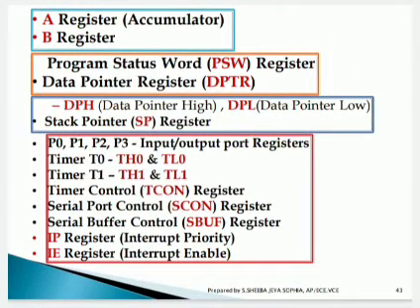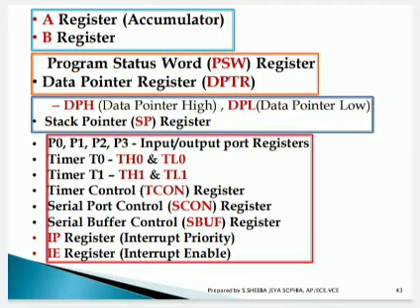The A register, as we discussed earlier, is the accumulator, and the B register is also available for temporary storage and processing. The program status word register and data pointers come under the special function registers. The stack pointer is also used for a special purpose function.